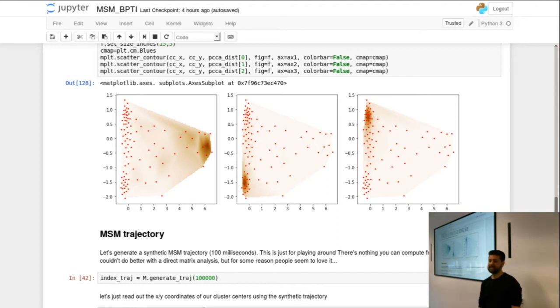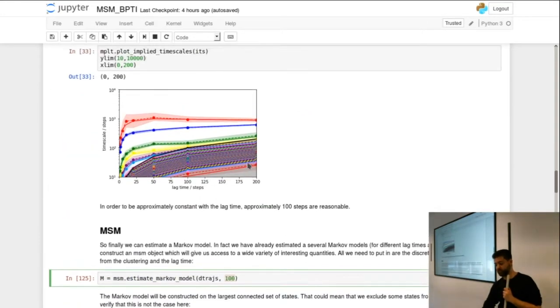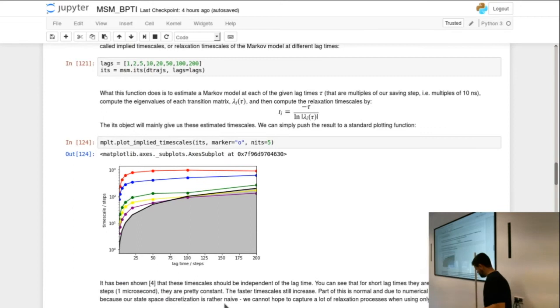And if the rate is the same for all state definitions, if your prediction about how stable a part of space is actually coincides with how that part of space was stable in your actual data, then you say that your state definition is a good definition. So that's where you check the Markovianity, and because you want to pass that Markovianity test, you choose a model where the time scales have converged.